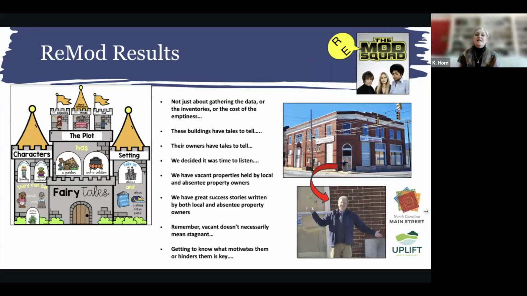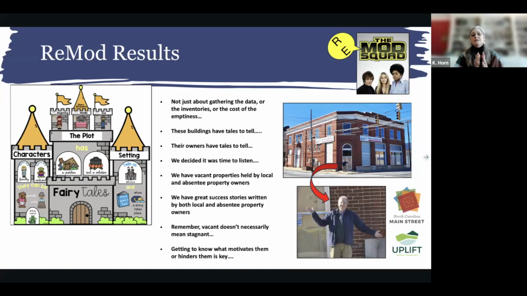And we realized as we were going through the process that it's not just about gathering the data or the inventories or the cost of emptiness. Very, very important tools to have, but it's also about understanding that buildings have stories to tell. The owners have stories to tell. So we decided it was time to really listen. We have vacant properties that are held by local folks.